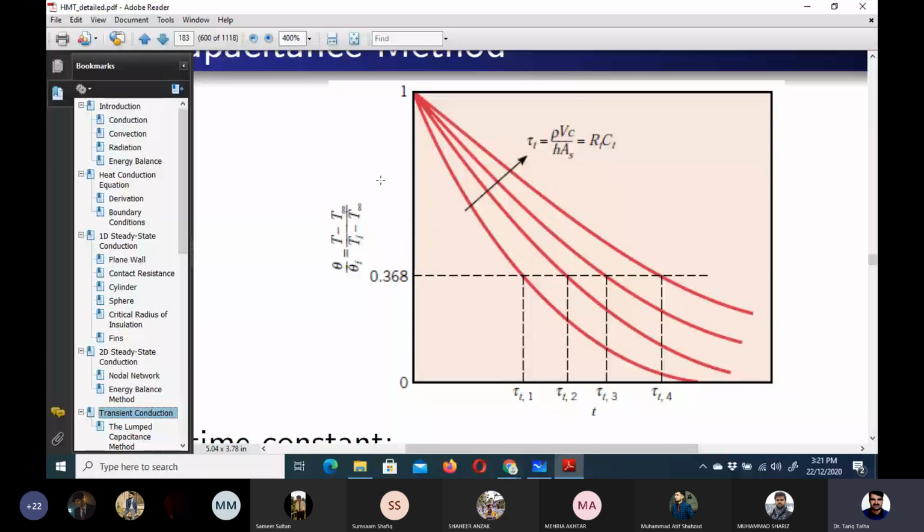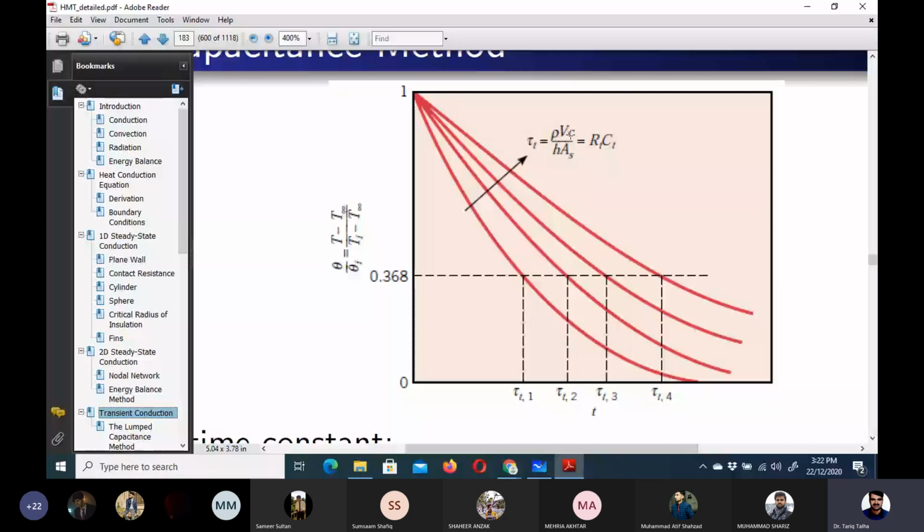Now as we change tau, if we have a tau value less, then the change in temperature is quite rapid. Rapid means that this theta value decreases quite sharply for a smaller value of t. But as we increase tau, we are increasing the thermal capacitance of that object.